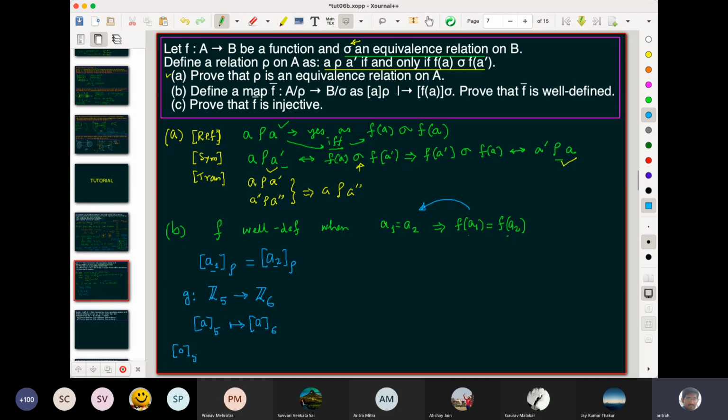Suppose 0 with 5 is equal to 5 modulo 5. But 0 modulo 6 is not equal to 5 modulo 6. Right? So I have a map here, so this is not well defined.